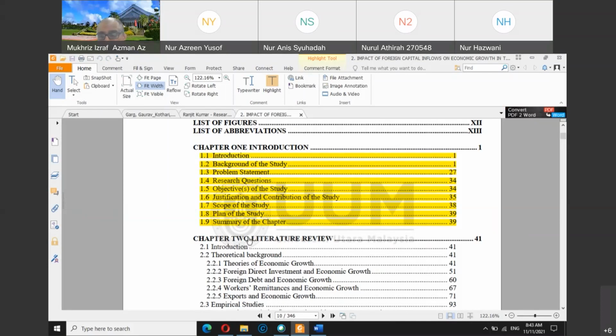Especially from journals, because theses are not really your main source of reference. It will be journal papers and also conference papers, especially journals, because journals are published work that has been reviewed and gone through a lot of screening before an article can be published. That's why the number 1 source of reference is journals.